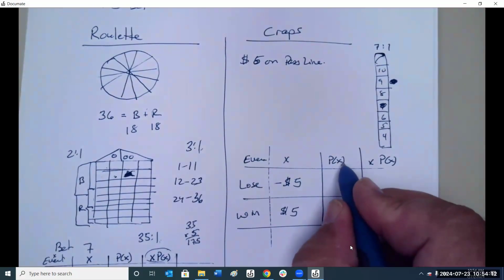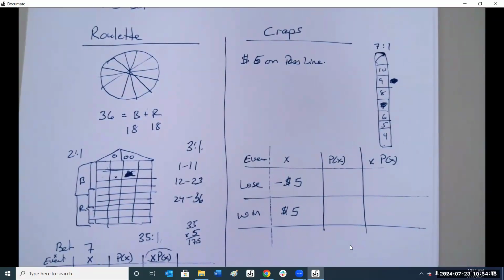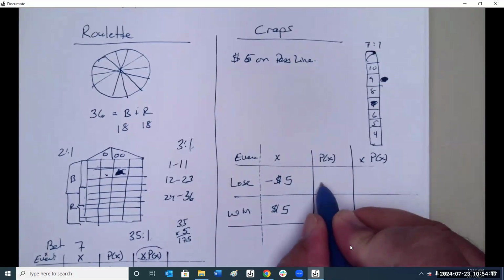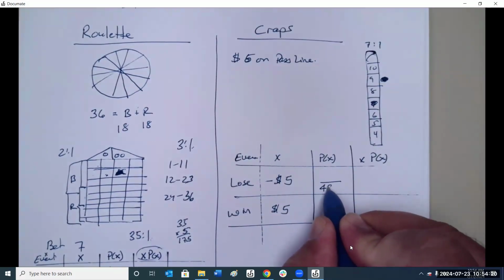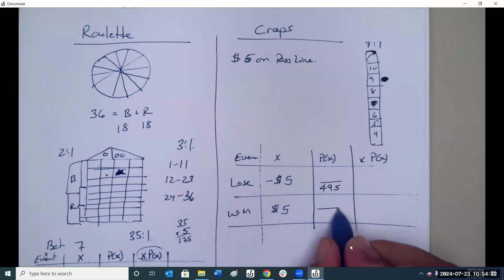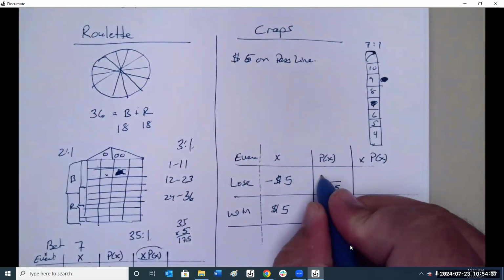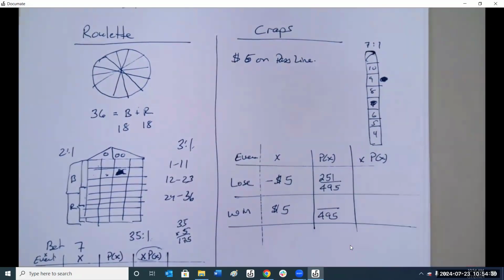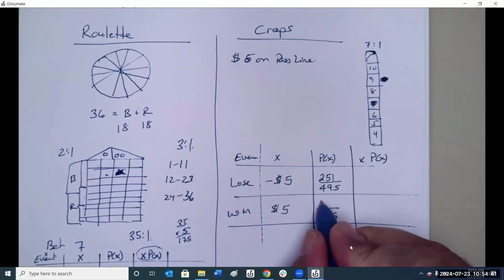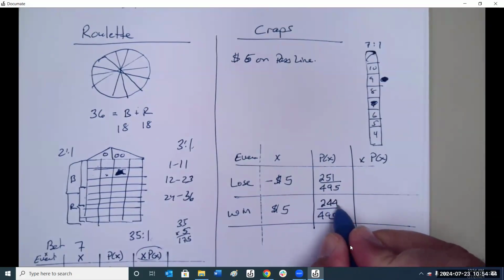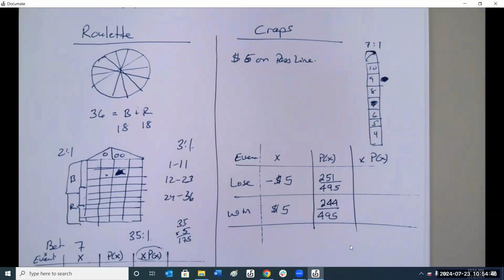But the probabilities of what goes on here are a lot more involved. There are a total of 495 bets that can occur on a craps table. There are 251 of them that say that you're going to lose. 244 of those are going to say that you win.